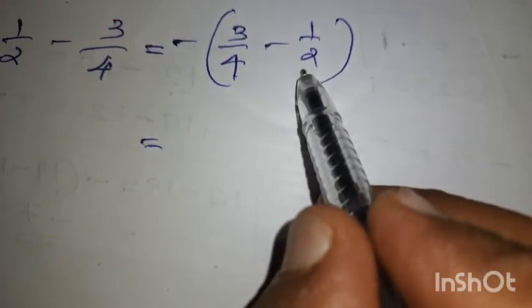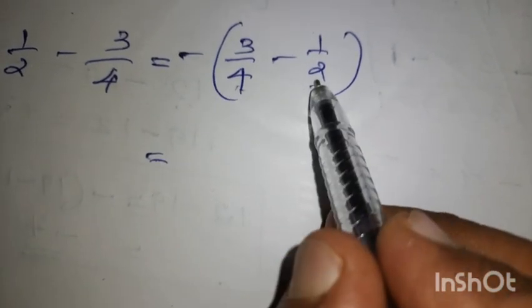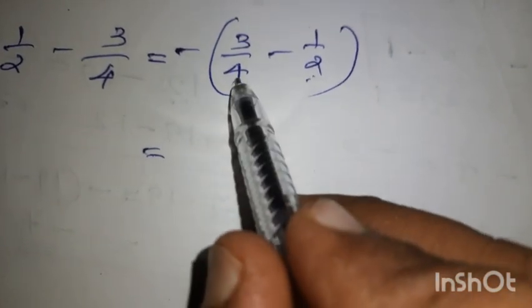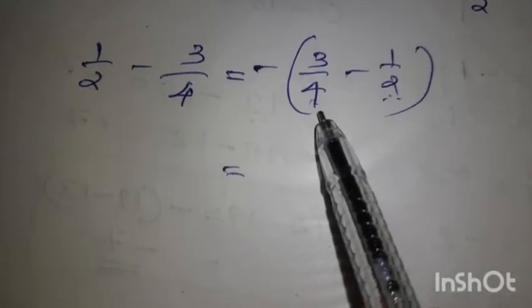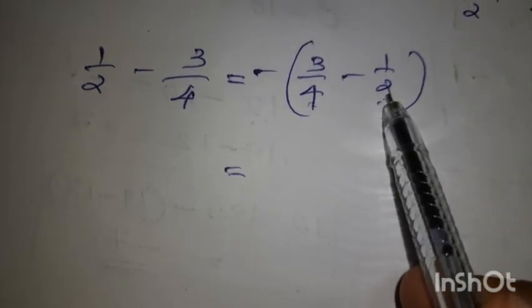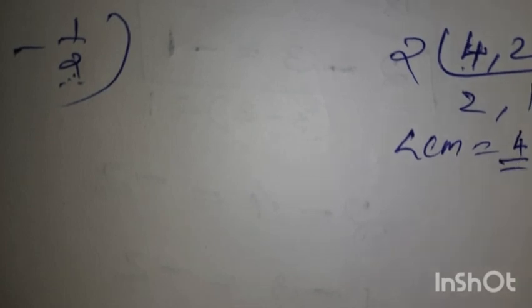Here the denominator is different, so you have to make it common. You have to take the LCM of 4 and 2. So you are making the denominator common. 2 times 4 you will get 1. That is the LCM you are getting. 2 into 2 you will get 4.